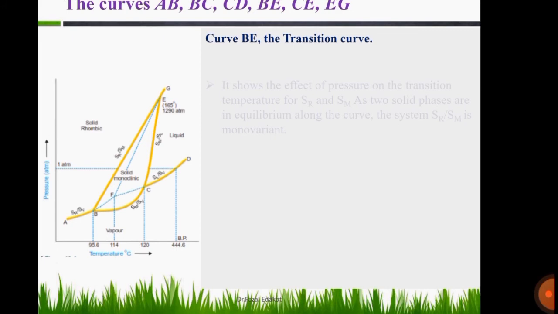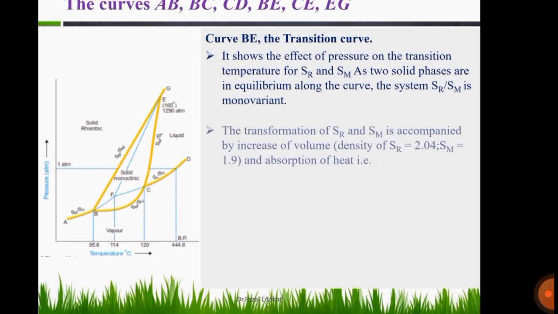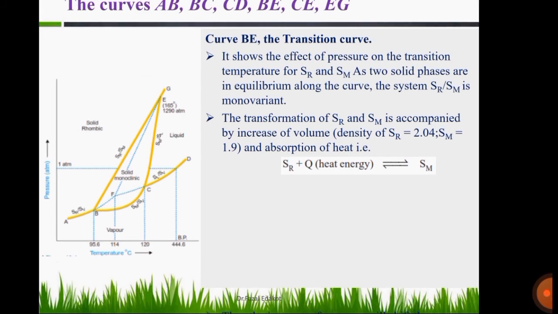The transformation of SR to SM is accompanied by an increase of volume, that is, the density of rhombic SR is 2.04, for monoclinic it is 1.9, and absorption of heat. That means SR plus Q gives SM. That means SM will have more heat content than SR. So the conversion to SM happens by the absorption of heat by rhombic sulfur.